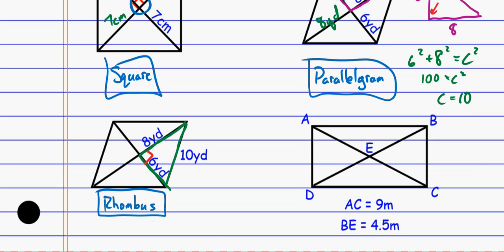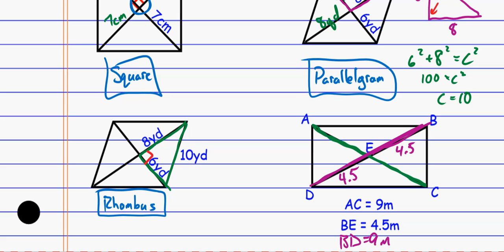If I look at this one, once again, I look at the information that's given. It gives me one value for the first diagonal: this entire length right here as 9. And then it gives me this little piece right here as 4.5. But because it's a parallelogram, I know that this piece is also 4.5, which means the whole thing has to be 9. So BD equals 9.